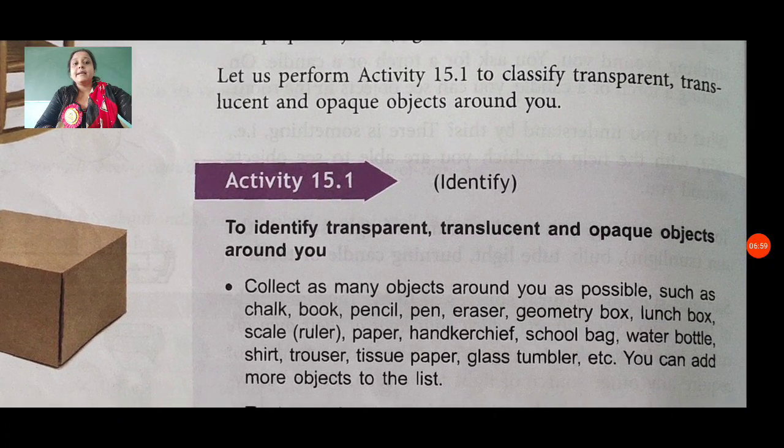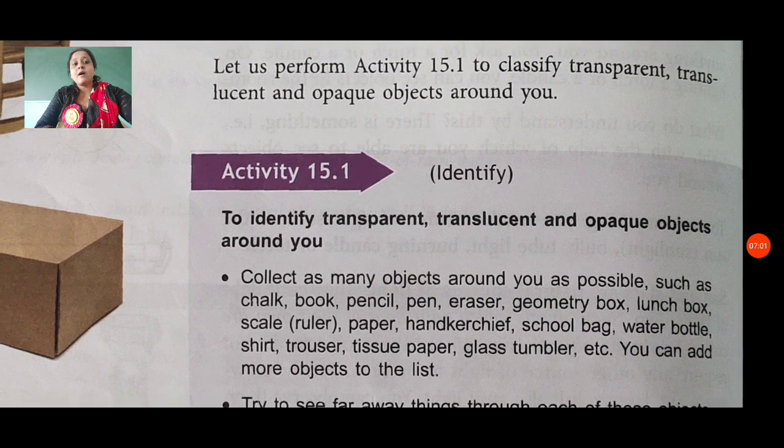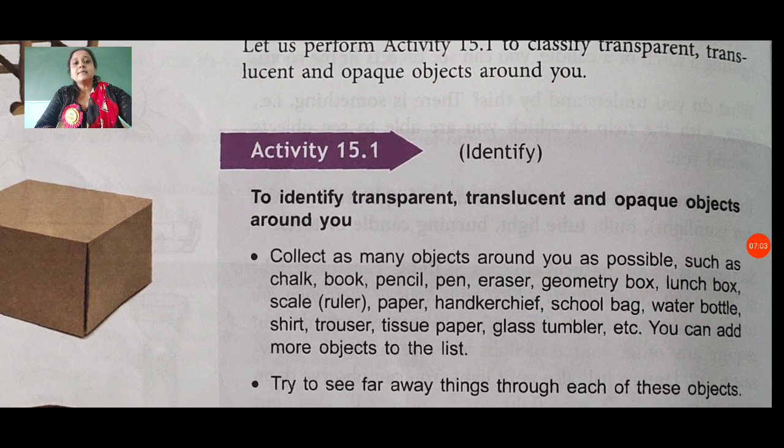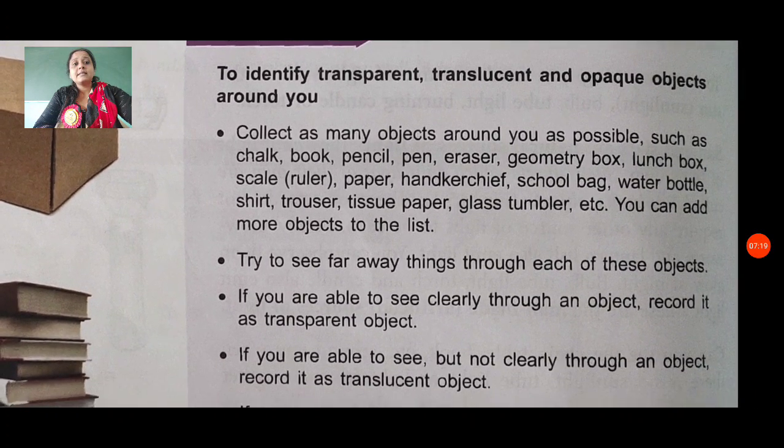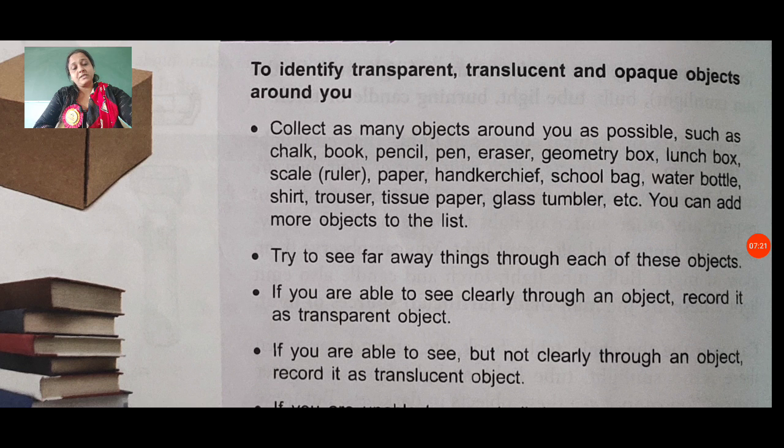For this, collect as many objects around you as possible, such as chalk, book, pencil, pen, eraser, geometry box, lunch box, scale, paper handkerchief, etc. If possible, try to collect them. Try to see far away things through each of these objects.